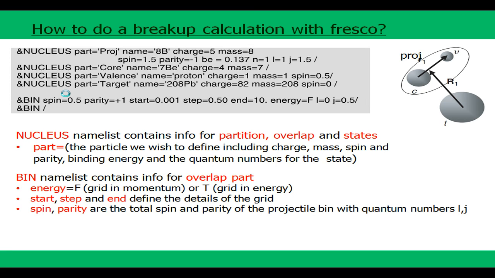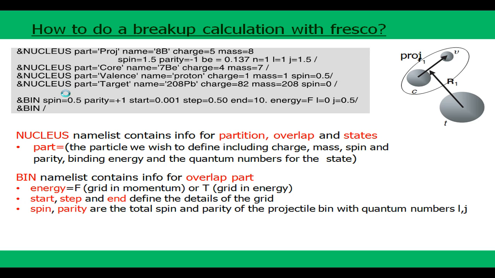Okay, so what's defined here? It's a projectile. It's pretty obvious what I'm defining, but I'll go through it. I named it a boron 8. It's got charge 5, mass 8. It's got a spin 1.5. Now, anybody actually know the actual spin of boron 8? Anyone worked with boron 8 before? No?